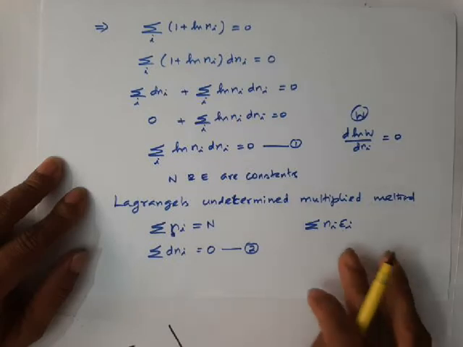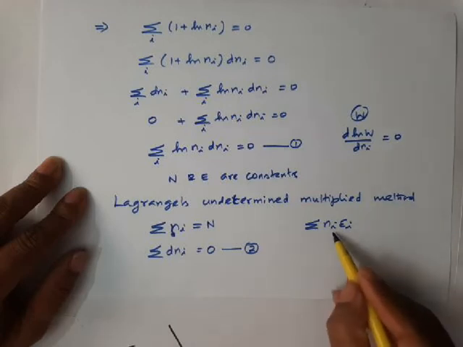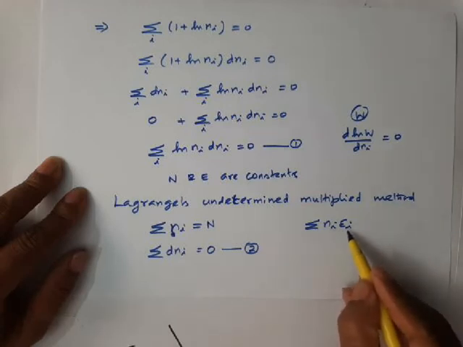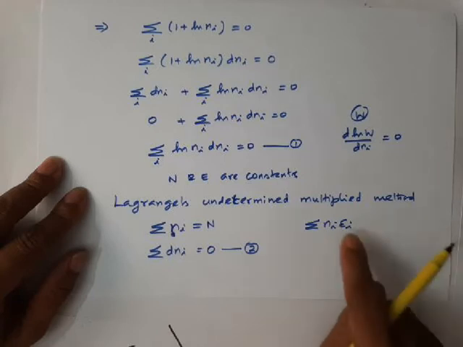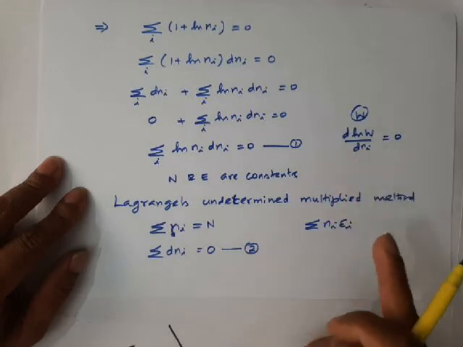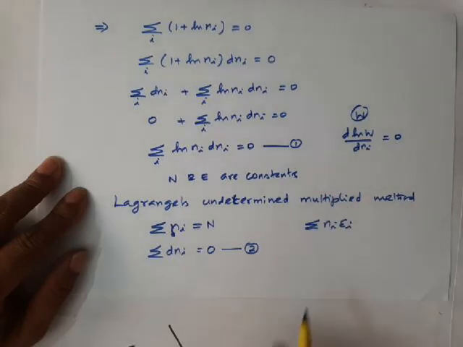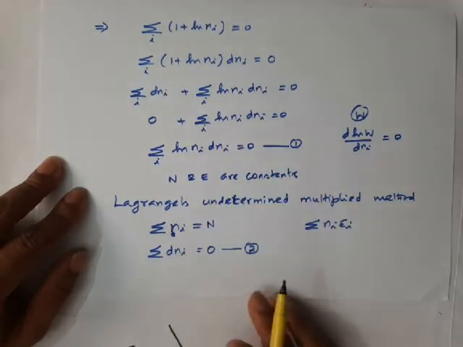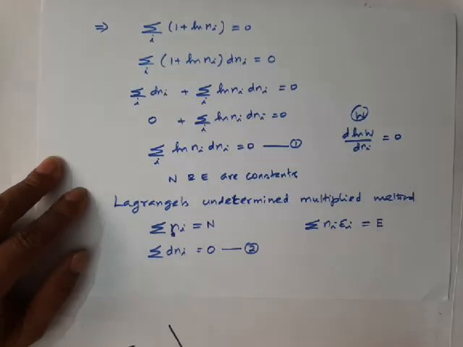The number of particles in the ith level into the energy of the ith level gives the energy contribution of that level. Similarly for all other levels, you calculate the number of particles in that level and its energy, then add everything. If you sum up everything, you will get the total energy.